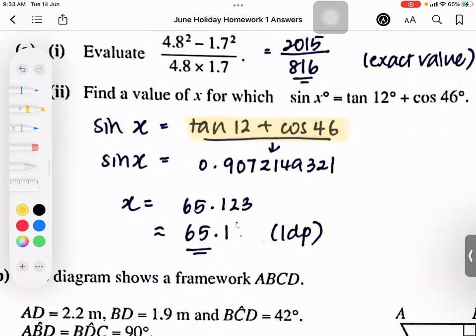After that I just shift inverse directly. Then X is 1 dp, angle in degree to 1 dp. The question says value, so you notice I did not put units here, I erased it away. No degree, just the value for the X. Angle to 1 decimal place.